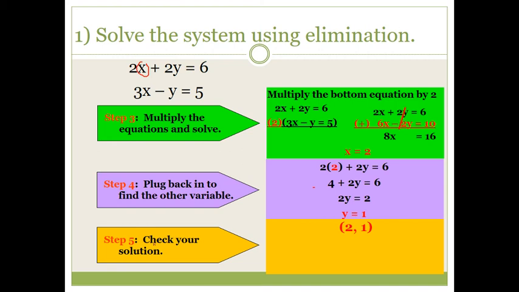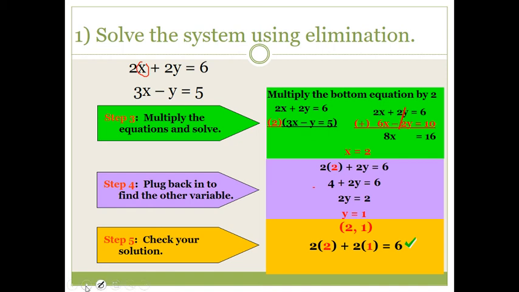You always want to check your solution to make sure you didn't make a mistake. So I'm going to plug the x and the y in for x and y into both of the original equations to make sure that I get a true statement. So when I do that with the top equation, I get that 2 times 2 plus 2 times 1 is equal to 6. And in fact, 4 plus 2 equals 6.